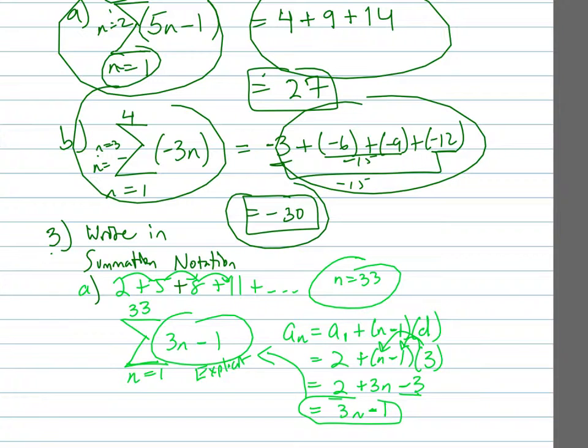So let's say we have A is 2 plus 5 plus 8 plus 11 plus blah, blah, blah. N equals 33, so it's 33 of these guys. 2 plus 5 plus 8 plus 11 plus 14 plus 17 plus 20 plus blah, blah, blah, all the way 33 terms.